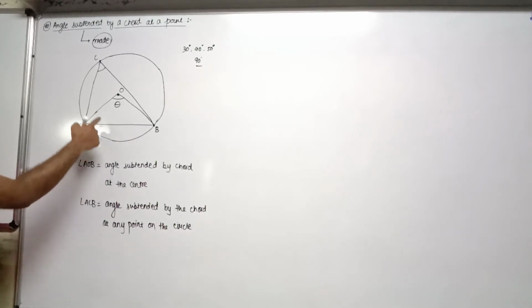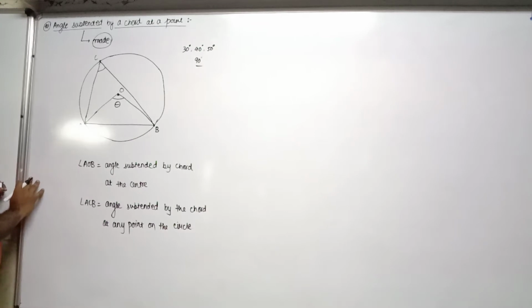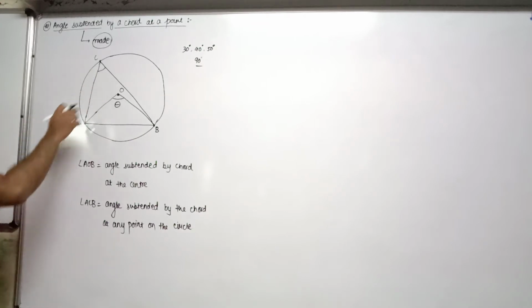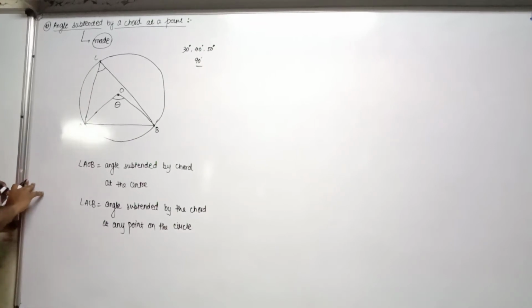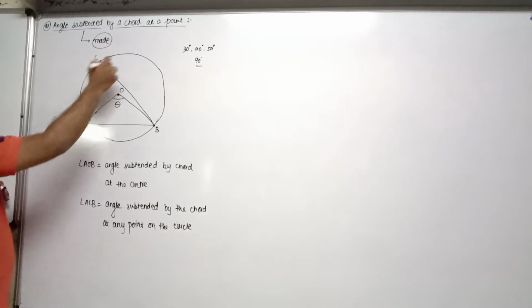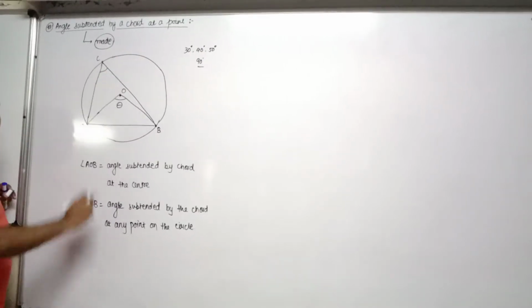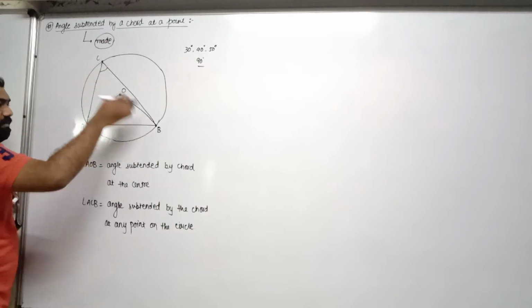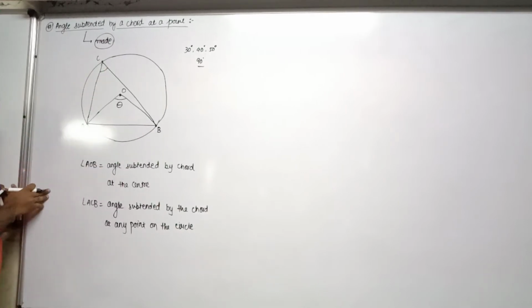This chord is subtending an angle at the center, namely angle AOB. If we have point C here, then ACB will be the angle subtended by the chord at a point on the circle. If I mark another point D, then angle ADB will again be the angle subtended by the chord at a point on the circle.